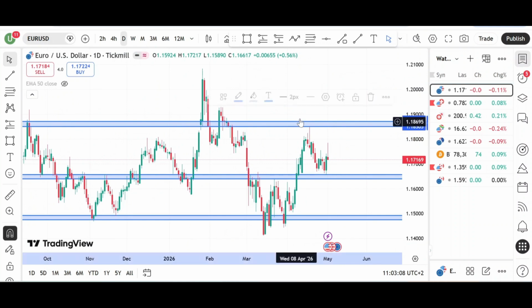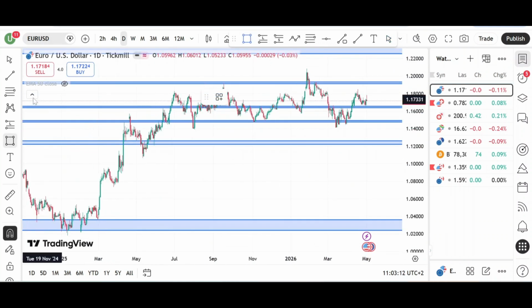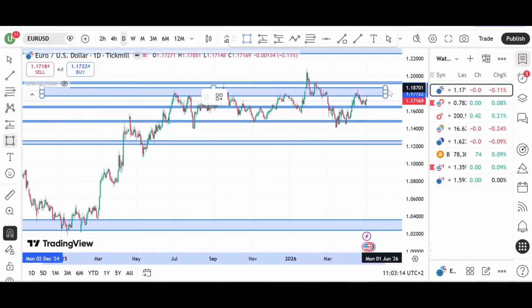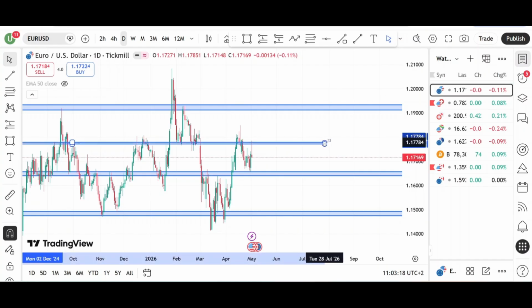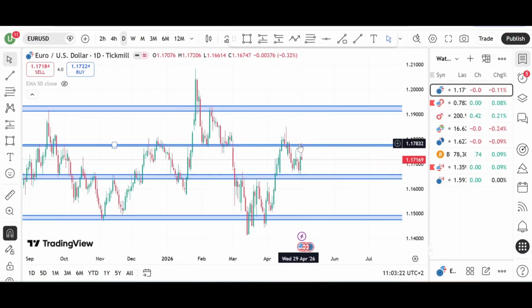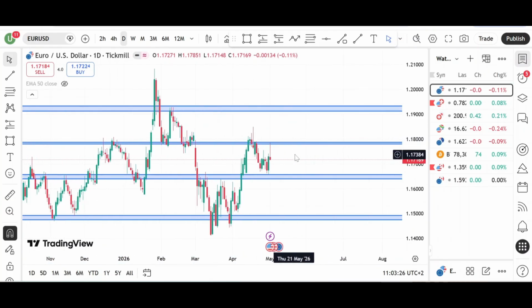Now we have been in an uptrend. Look at what has been happening here.